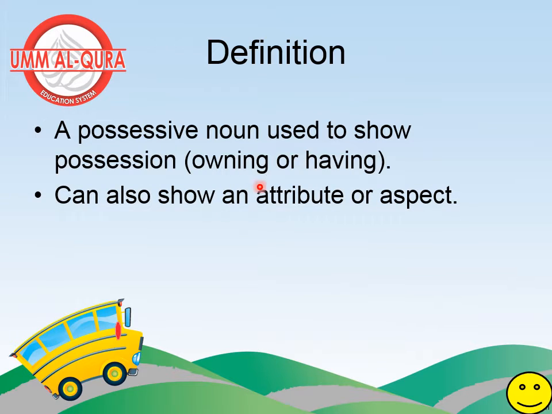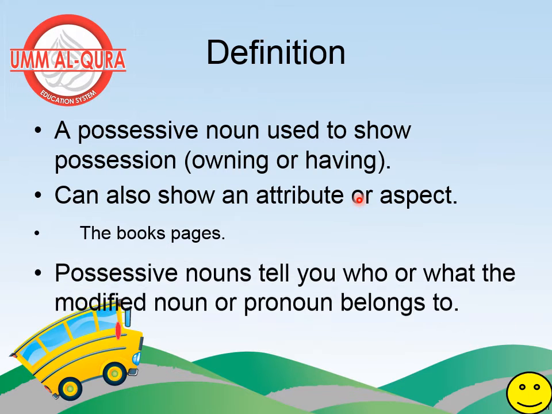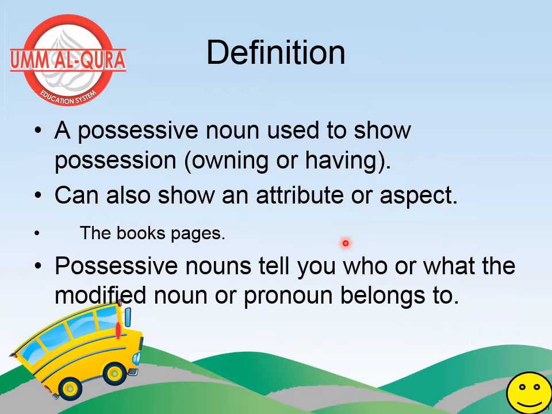It can also show an attribute or aspect. The book's pages. Possessive nouns tell you who or what the modified nouns or pronouns belong to. I already explained that if you're having something, when we ask the question, whose book is this? You're going to give me the name of a person that this book belongs to, Ahmed.